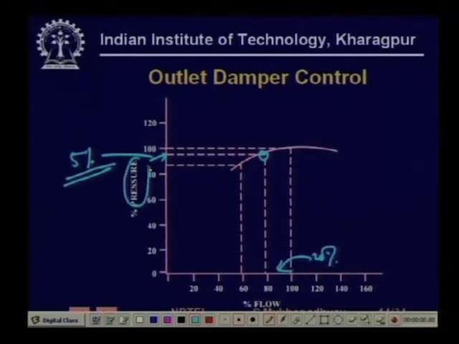This is not pressure, this is power, this is wrong. Okay. So, that is why this method is not so energy efficient. You are not saving energy; flow is reducing, but you are not saving energy. But it is a very simple method. You require either a valve or a damper, and you close and open it.